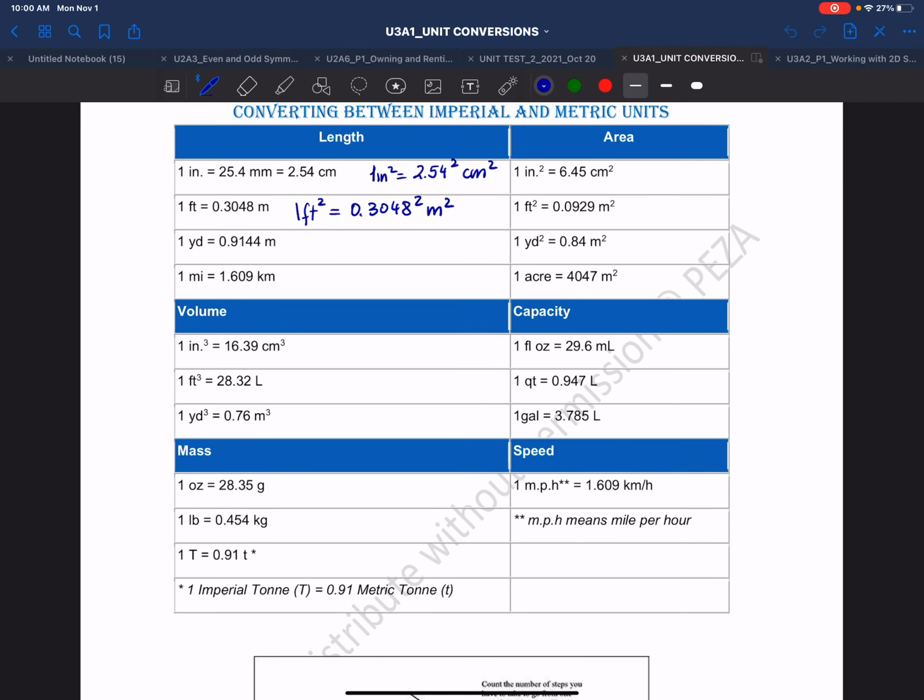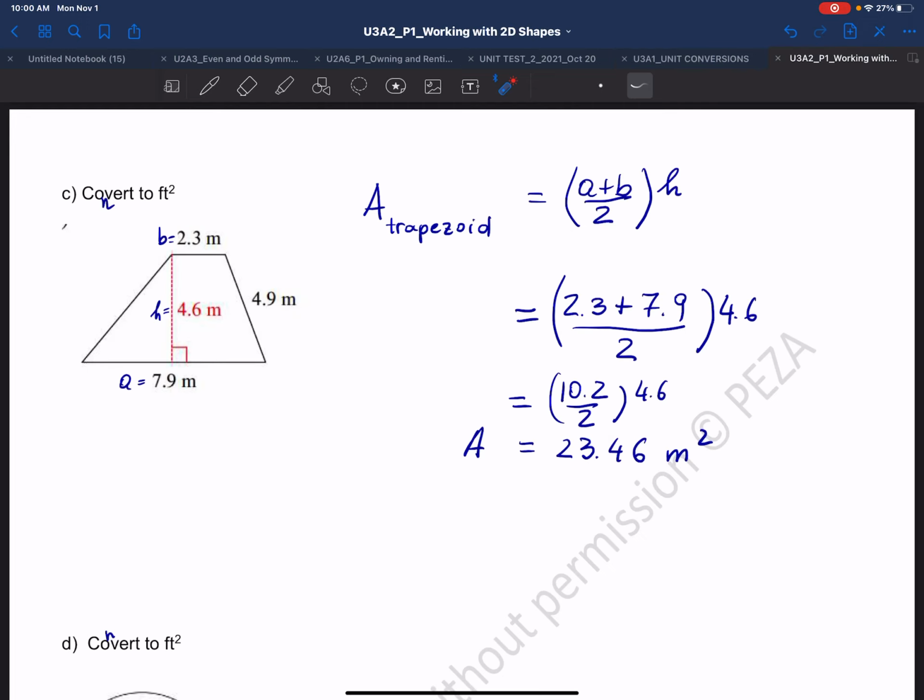So check the chart. Meter to feet, we have to go to the length. We have 1 foot equals 0.3048 meters, which means that 1 foot squared would be 0.3048 squared meters squared.